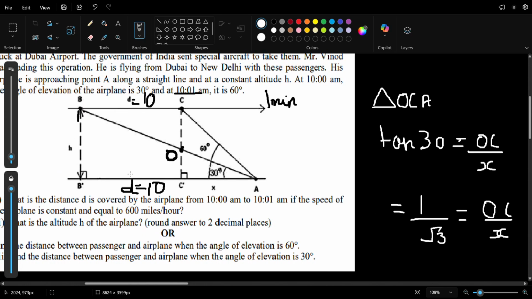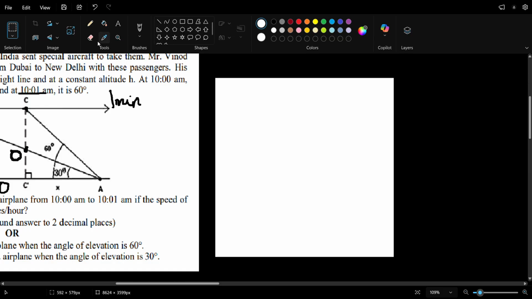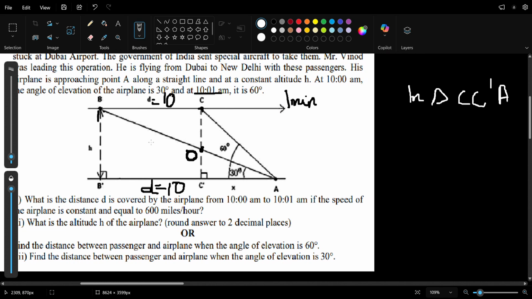Actually, in this big triangle we can find it out directly. So this might not be necessary for now, because you have the big triangle. So instead of this, we can take triangle C dash, C, A. Why did I keep C dash?